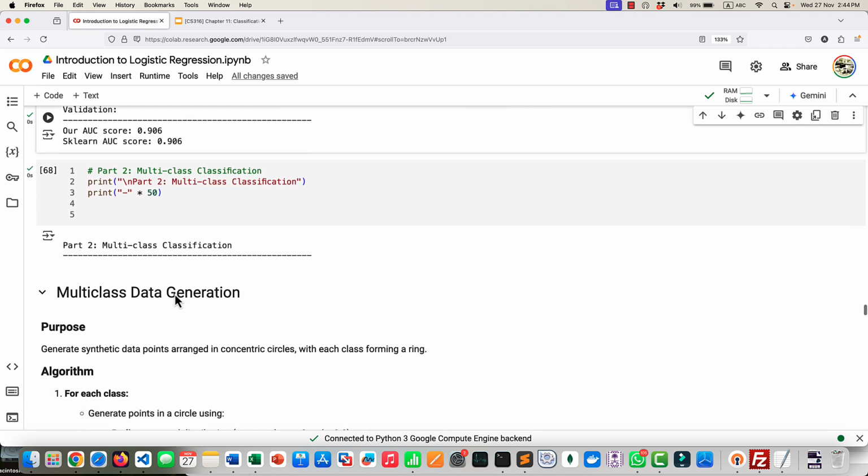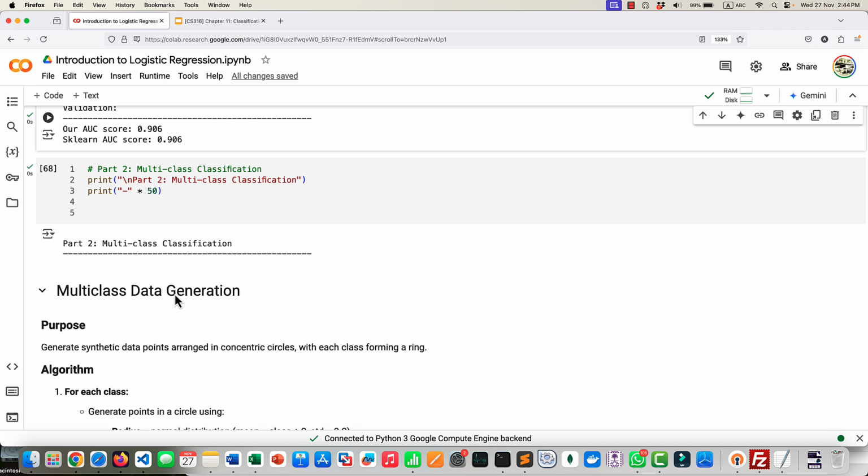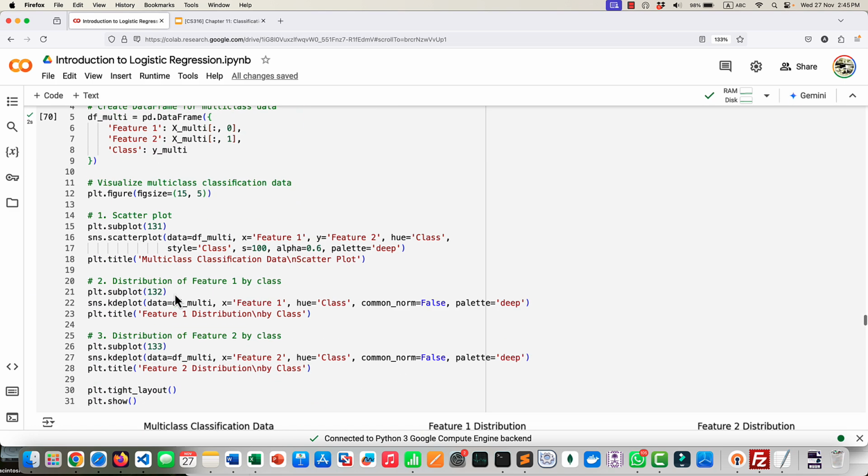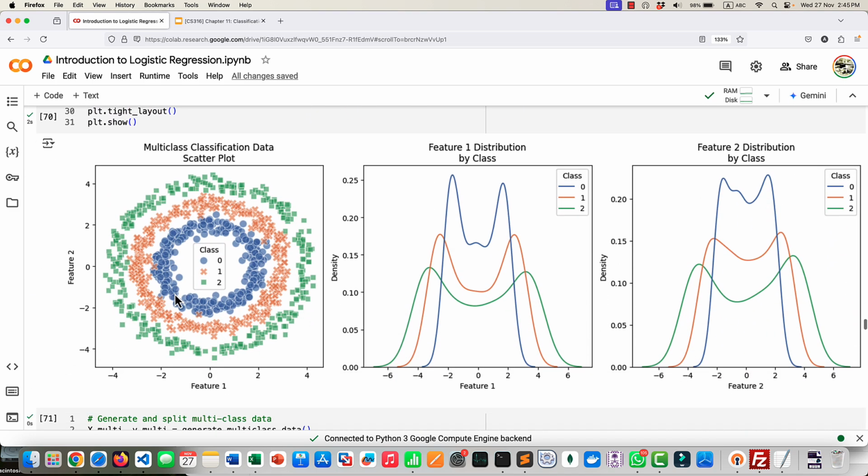Now just to finish, in the last 5 minutes, we can do the same but for multi-class classification, or multi-feature, multi-class classification. So here, in the same way, we're going to generate data, but look at the pattern now. We have 3 classes, but here we have a much more complex pattern, okay? It's difficult to make a separation using a boundary line like we did in the previous example.